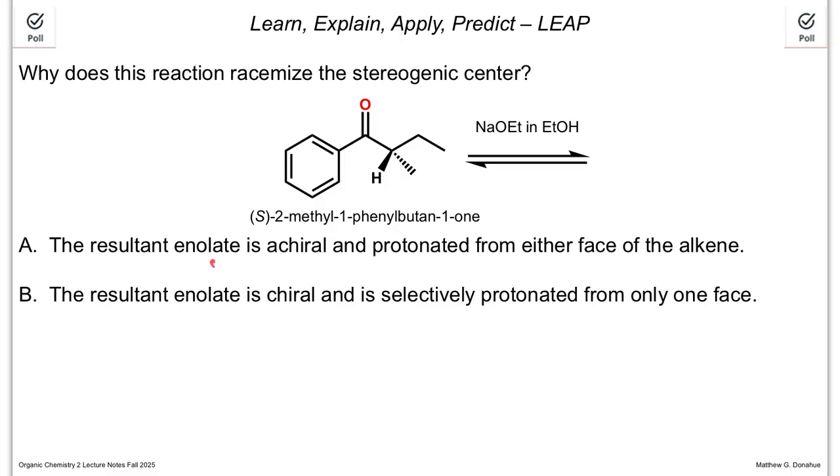So the result, even though we're starting with something with a set stereochemistry of S, the enolate is achiral. It's protonated from either the top or the bottom face. So in terms of, this would be A is the response.